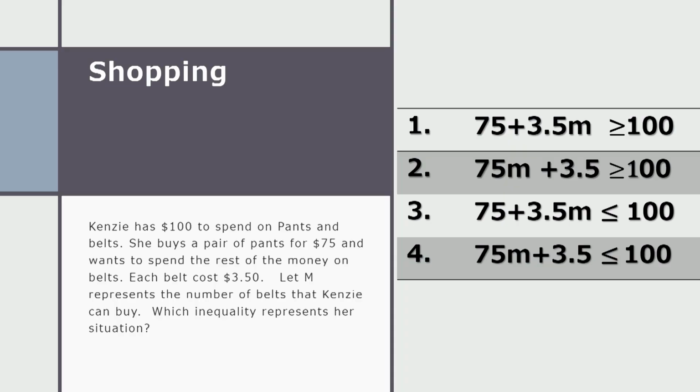So let's go ahead and annotate this problem. She has $100 to spend. Can she spend more money than she has? Well, technically no. So we can spend exactly 100 or we can spend less than 100. Now, what are we spending this on? Pants, which is $75, plus our belts.